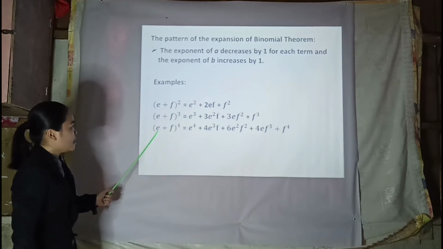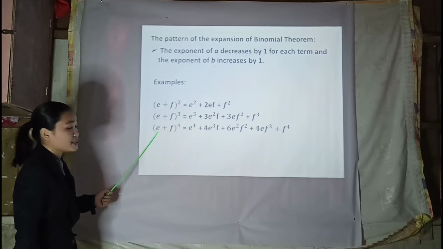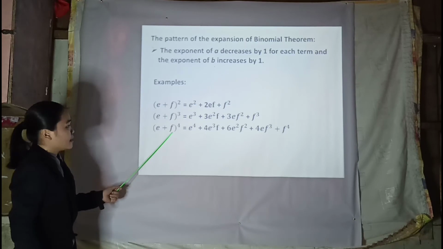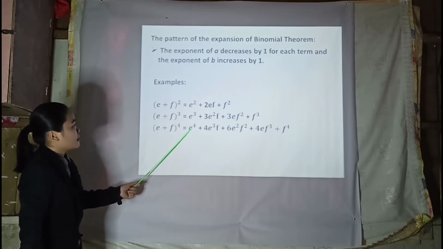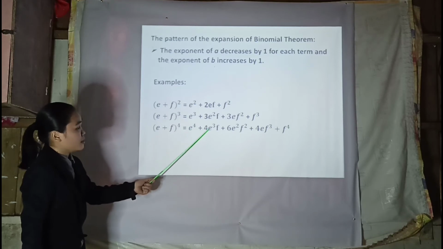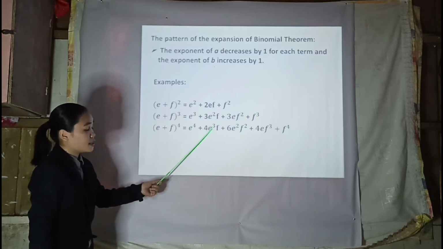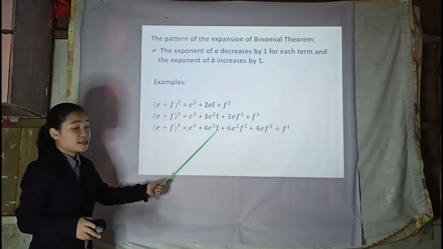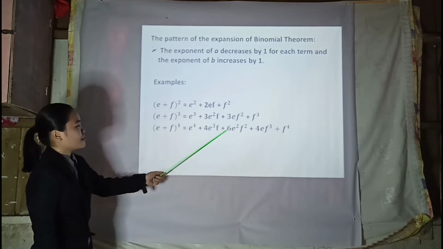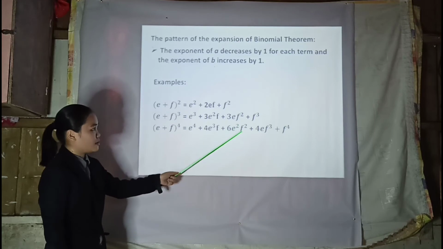The A here is letter E, and the B here is letter F. So, the exponent of A, from 4 in the second term, decreases, while the B, which is F, increases.